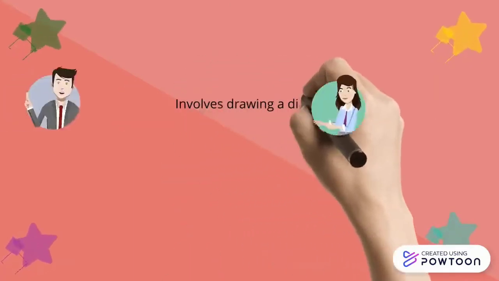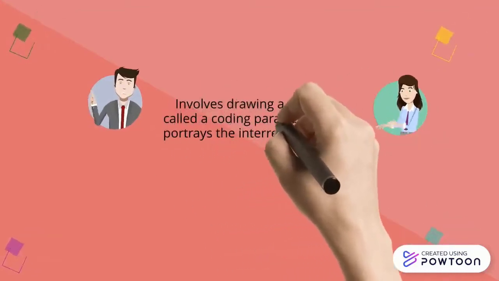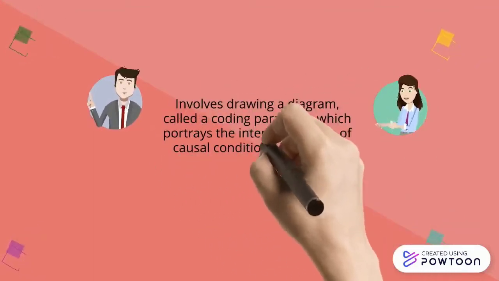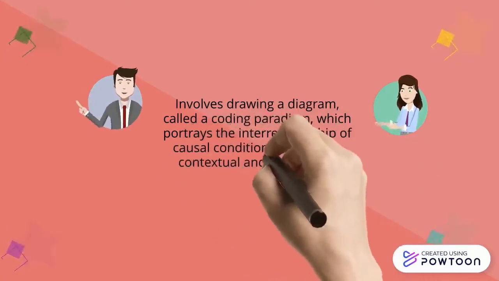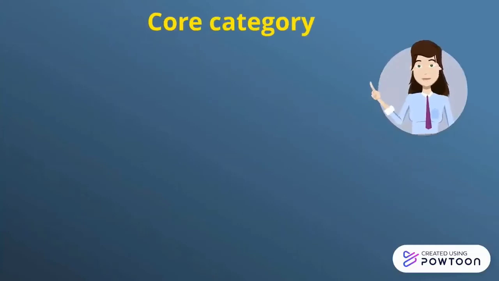This phase involves drawing a diagram called a coding paradigm, which portrays the interrelationship of causal conditions, strategies, contextual and intervening conditions, and consequences. Then, this core category becomes the center point of the axial coding paradigm.